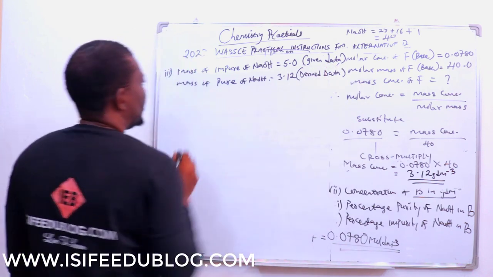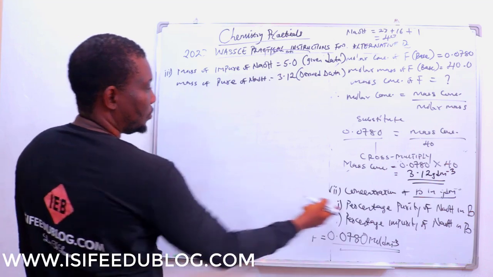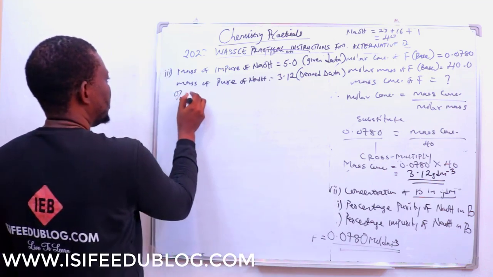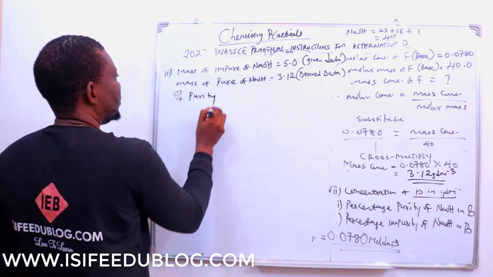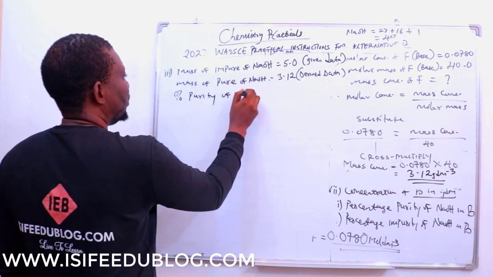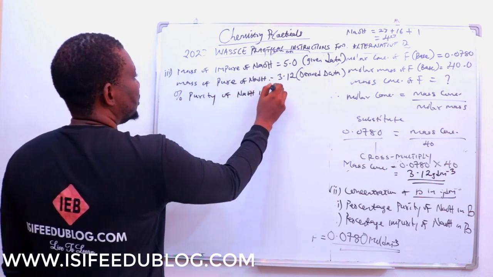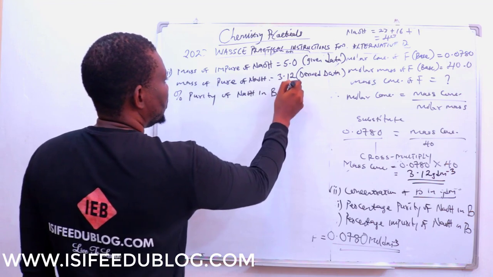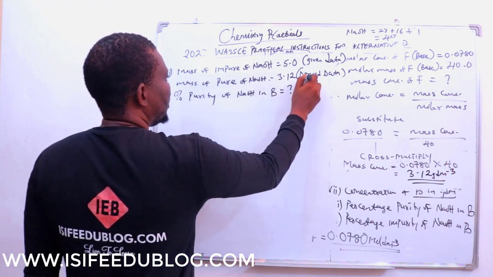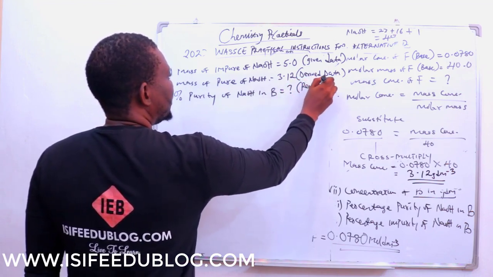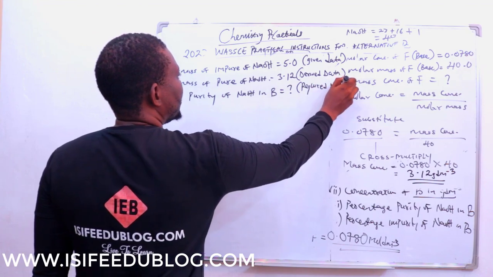So we have to find the percentage purity of NaOH in B, which we don't know yet, and that is our required data.